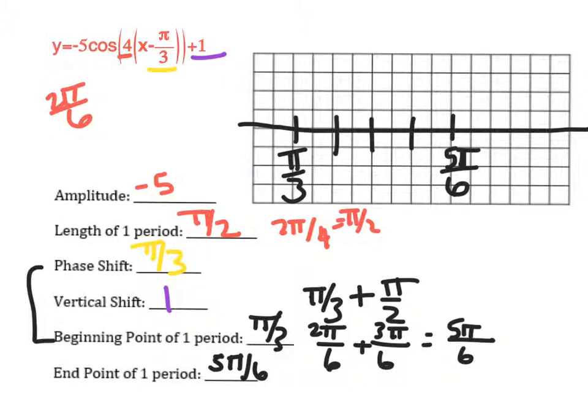So when I want to find an average, 2 pi over 6 plus 5 pi over 6, sorry, divided by 2. So 2 pi over 6 plus 5 pi over 6 divided by 2 is going to give me 7 pi over 6 divided by 2, which is going to be 7 pi over 12.